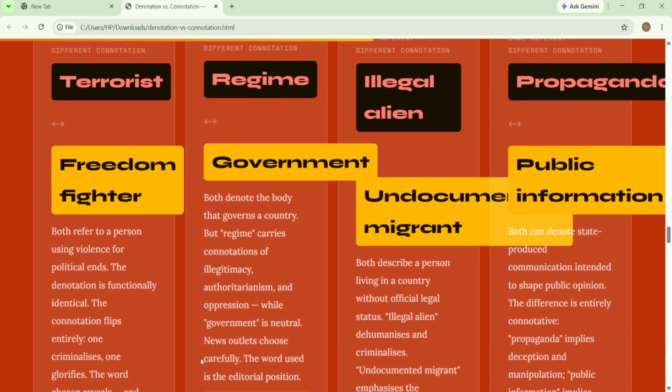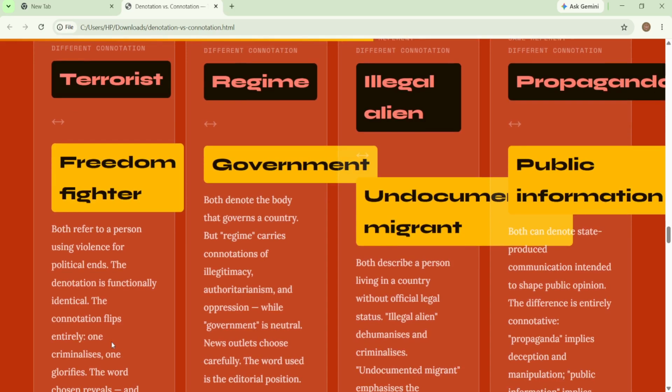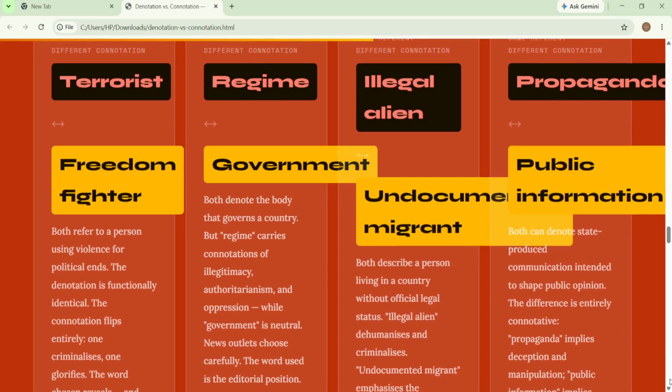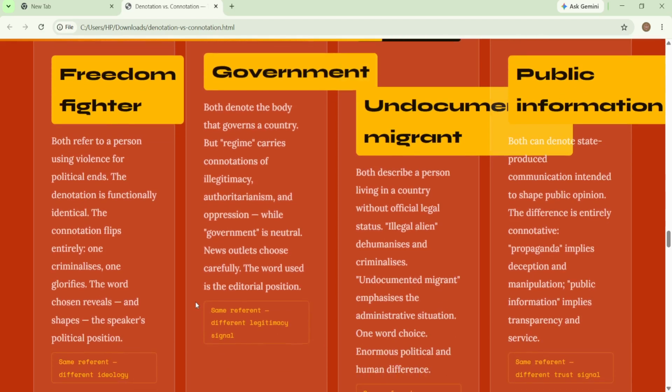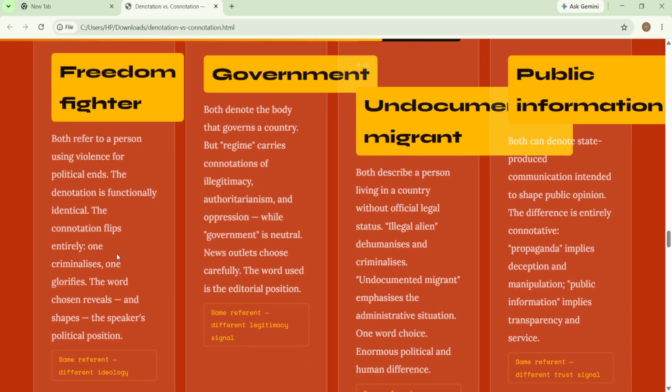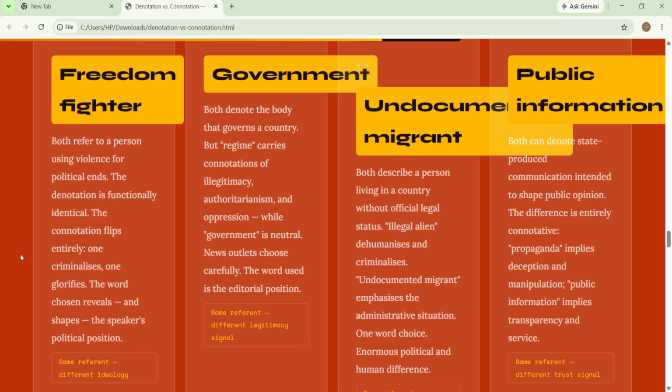Both refer to the same person. Terrorist versus freedom fighter. For one country it can be a terrorist, and for another it can be a freedom fighter.